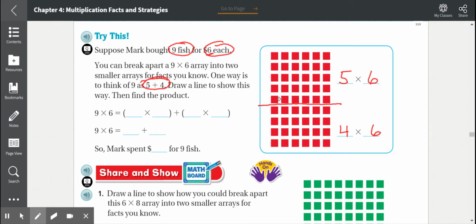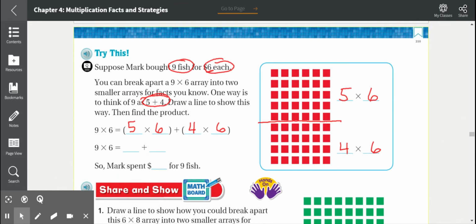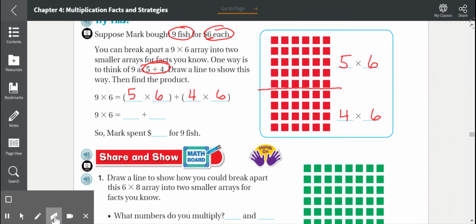So here we have 2 new arrays. So we know that 9 times 6 equals 5 times 6 plus 4 times 6. Because if I were to get rid of this line, we're back to 9 times 6.